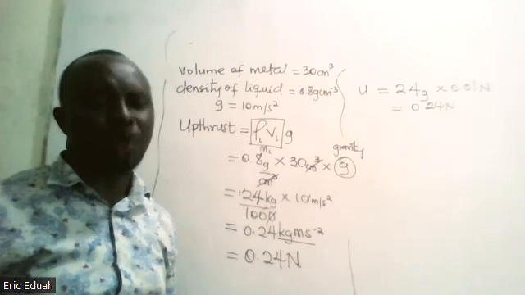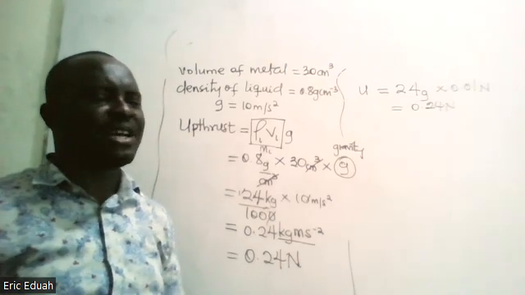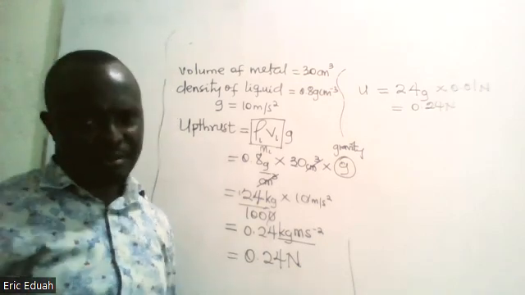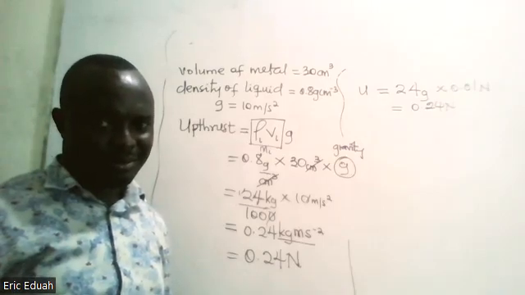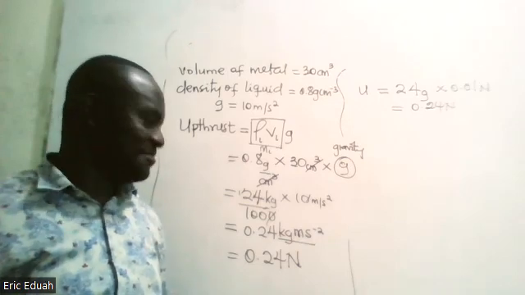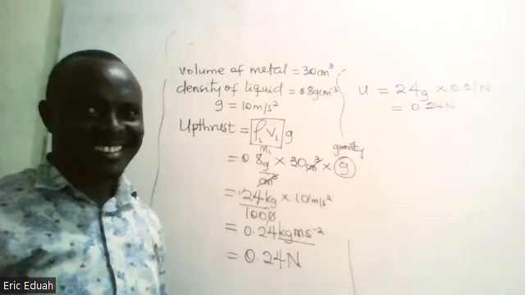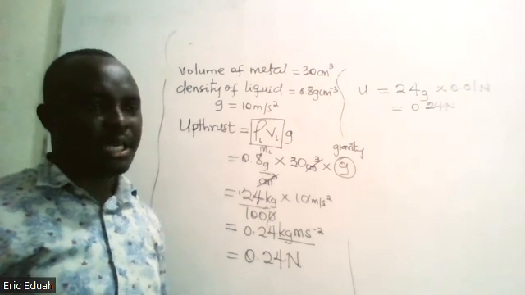When you do that, it is wrong. You can only multiply by 10 when you have converted the mass in gram to kilogram. The 24 grams, you will keep. I want to change the 10? You don't change the meter.